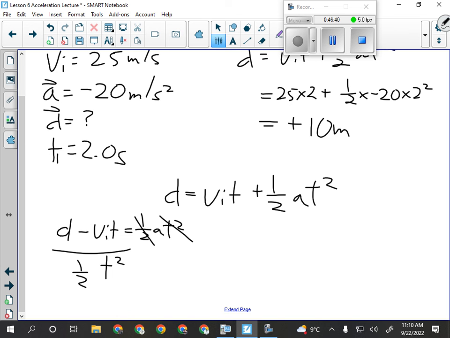I was about to say, couldn't you just subtract vi t divided by just t? But then I realized that it's multiplying, half times a times t squared. So I would have to do the exponent first, and then multiply, right? Okay, now here's the one that's super tricky. How would I solve for t?